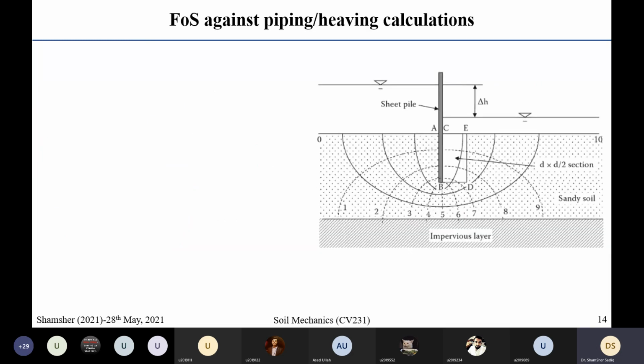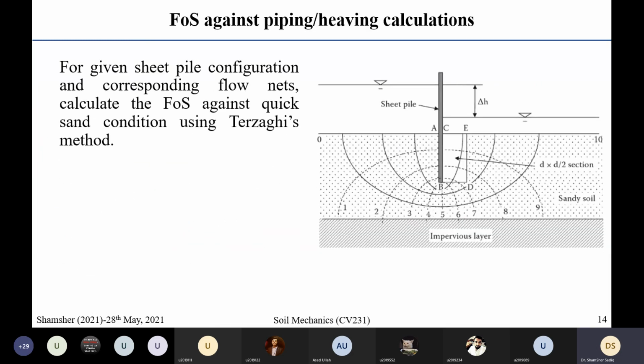So let us see the practical example in which you have been given a sheet pile. This is the sheet pile, and this is the upstream side. You are given the head difference as 7 meter.